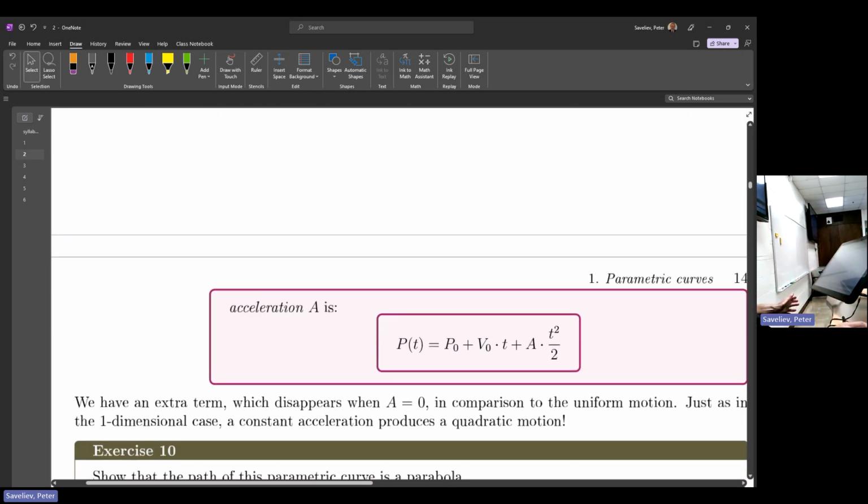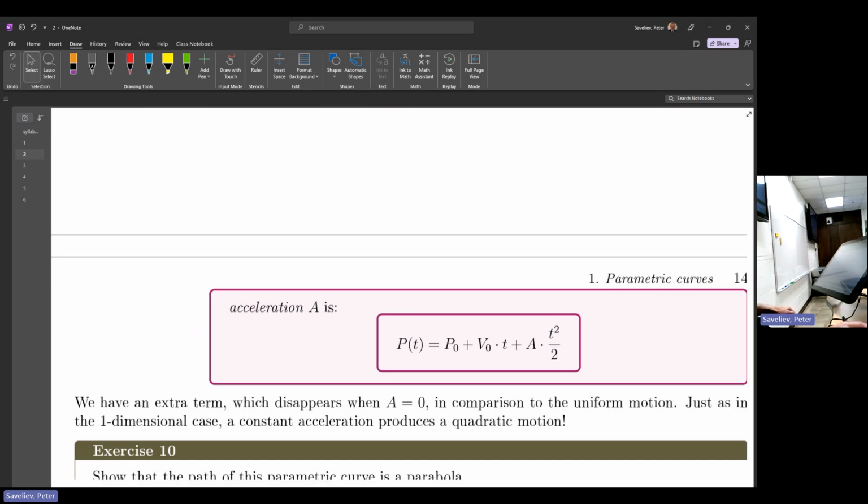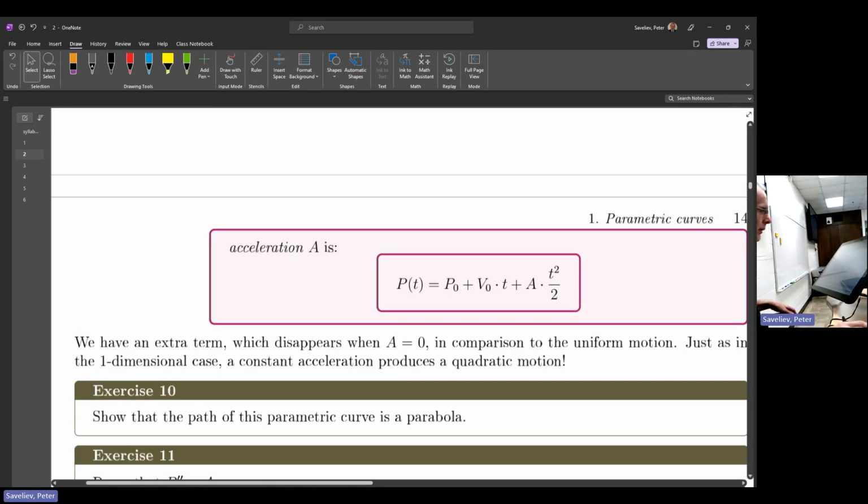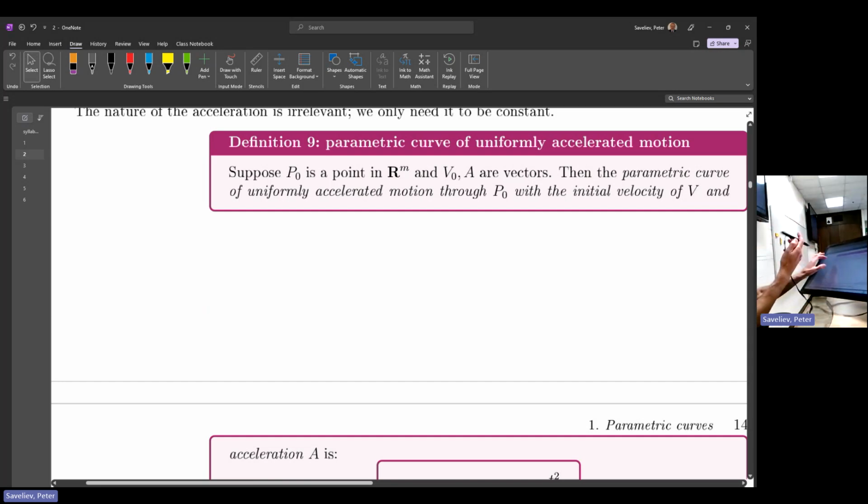That's the equation, and I have written it in the form of a vector equation. So p naught, v naught, and a are actual vectors. Acceleration is a vector, velocity is a vector, position is a vector too in this case. So the problem has been solved.